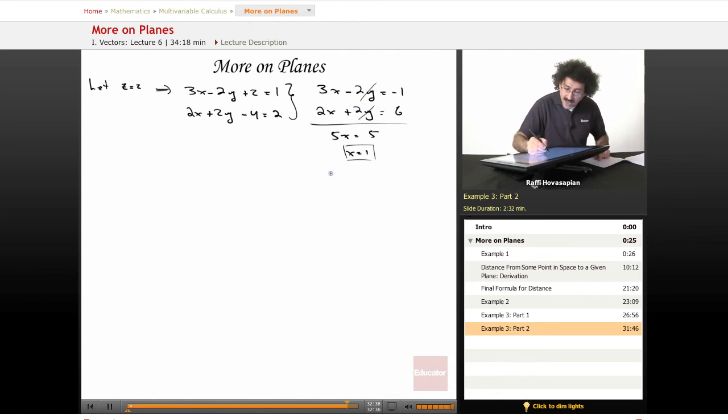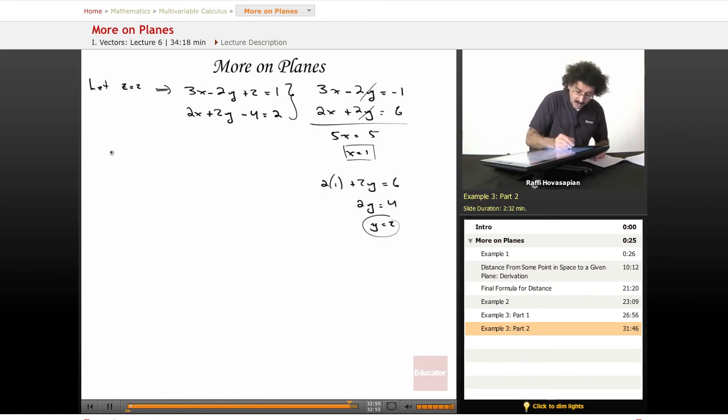So we put 1 back in here. Either equation is fine, so I'll put it in this equation: 2 times 1 plus 2y equals 6, so 2y equals 4 and y equals 2. Now our point Q is x is 1, y is 2, z is 2.